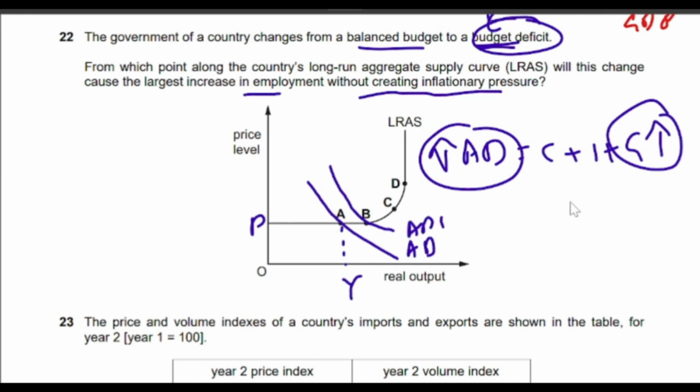So new equilibrium will be at point B, for example, and real output will increase from Y to Y1, but still when we look into the price, then at point B price is again the same. So this is the requirement of the question, that it will not be inflationary, it will not increase the price, however it will increase the output.